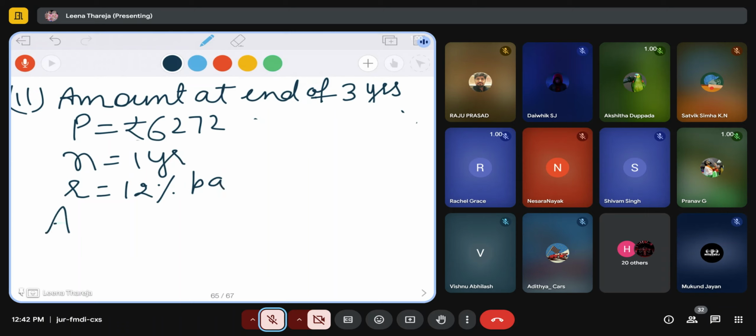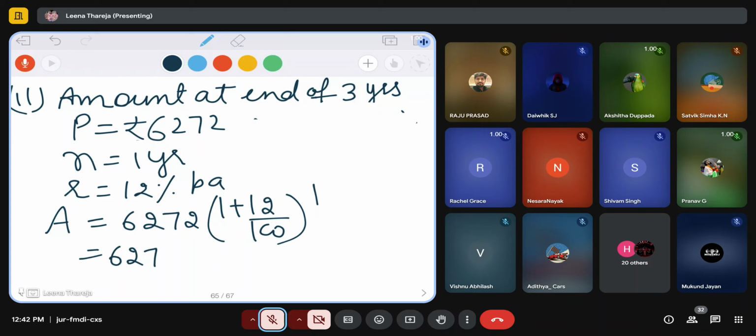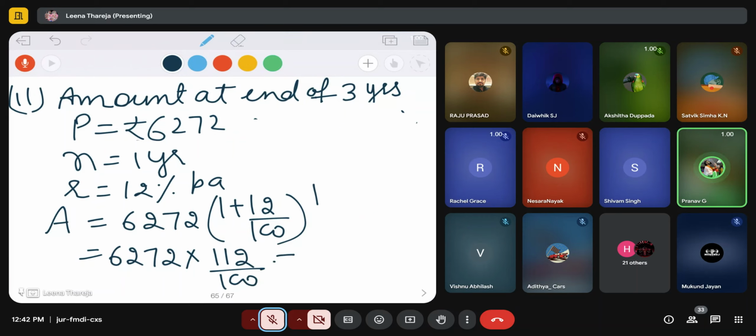12% per annum. So the amount will be P into 1 plus 12 by 100. I didn't write the formula directly, I'm doing 6272 into 112 by 100. Am I right? Ma'am, is the answer 7,024.6? Correct.